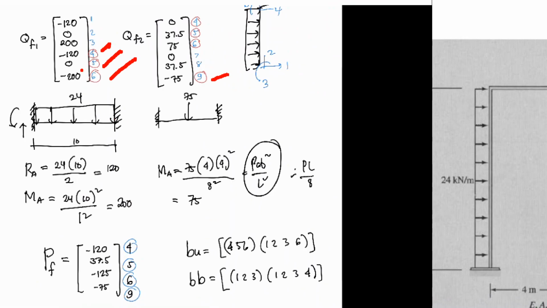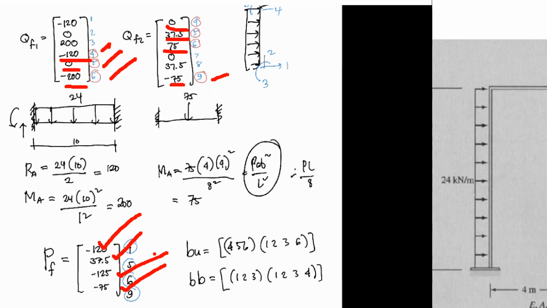Let's start with 4. Negative 120 plus 0, negative 120. 0 plus 37.5, 37.5. Negative 200 plus 75, negative 125. And lastly, negative 75. So that's our P sub F, which we will need in our formula.